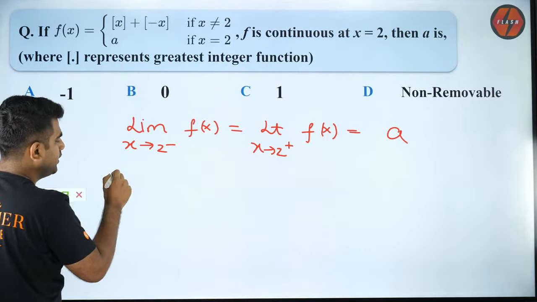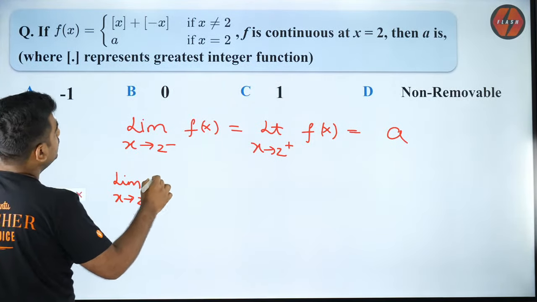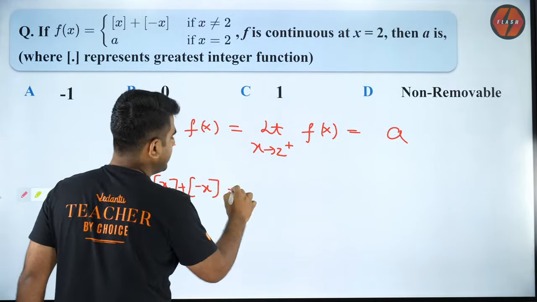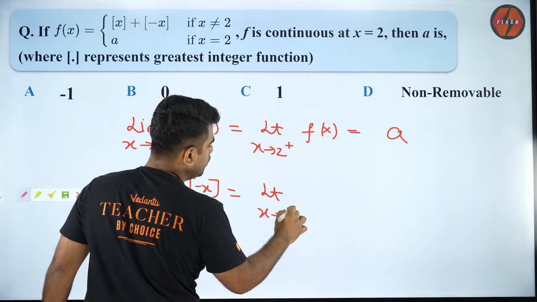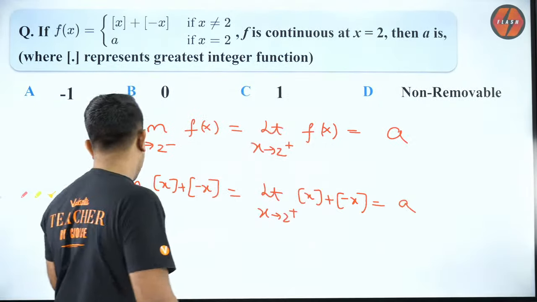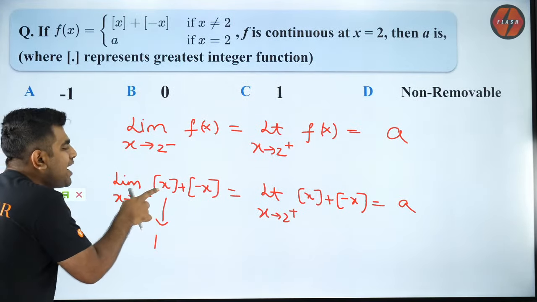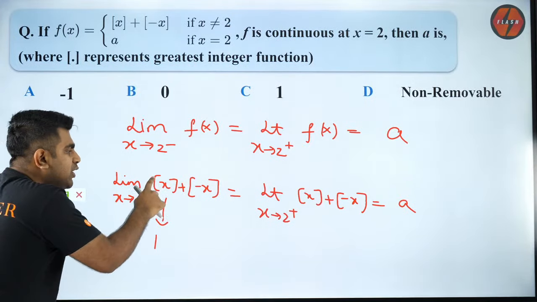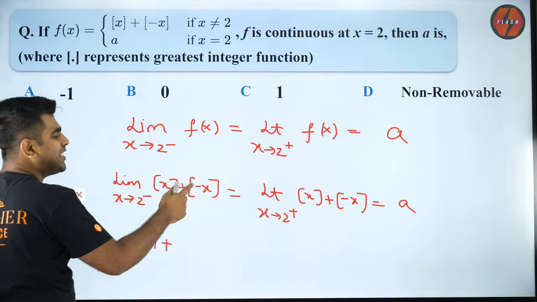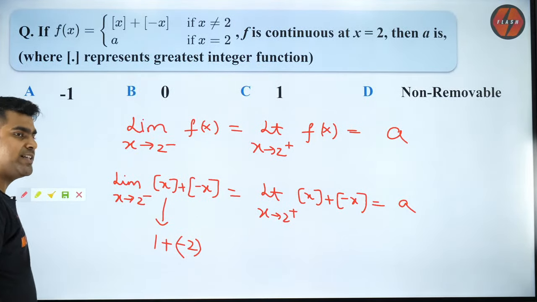That will be limit x tending to 2 minus of GIF of x plus GIF of minus x. And that will be equal to limit x tending to 2 plus of GIF of x plus GIF of minus x. That should be equal to a. Now GIF of 2 minus will be 1 because 2 minus means 1.999. So GIF of 1.999 is 1, plus GIF of minus 1.999 is minus 2. Did you guys understand that?